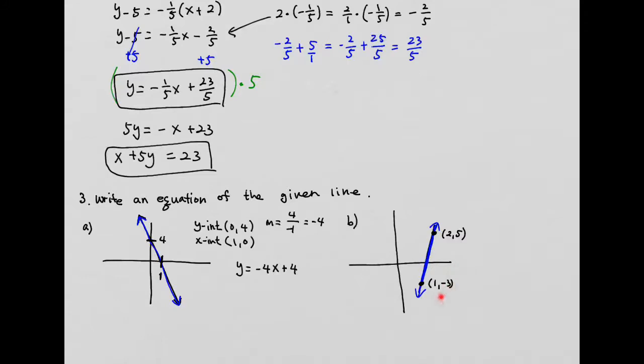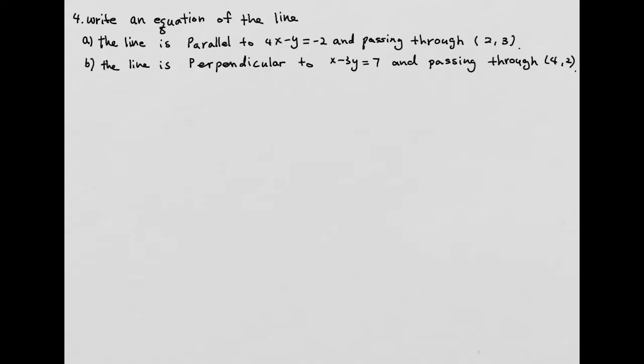So you need to use point slope form with 2 points. So you have 2 and 5 and 1 and -3. So 2 points are given. That's the same problem as example 2. So use example 2 to find the equation of that line if the graph is given.